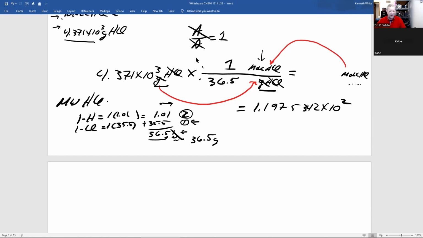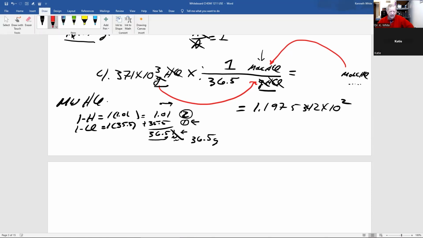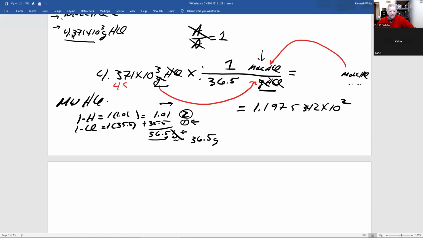And remember, you get the same number of significant figures in your answer when you multiply and divide as the number that has the fewest significant figures. If we look at what we just did, this has 4 significant figures. 1 is an exact number, doesn't play a role.